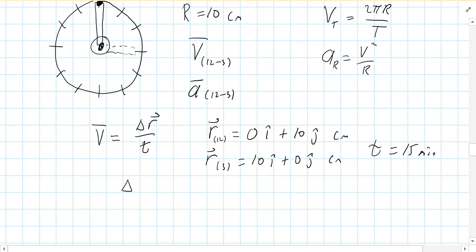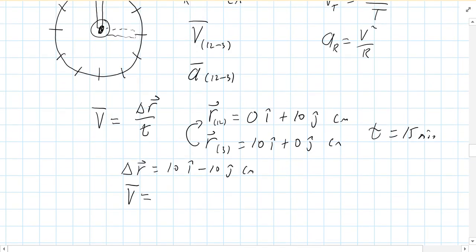So for delta r, I'm taking the position vector at 3 o'clock minus the position vector at noon, final minus initial. You get 10 minus 0, so 10 i, and 0 minus 10, so minus 10 j centimeters. And then the average velocity is simply that divided by 15 minutes.